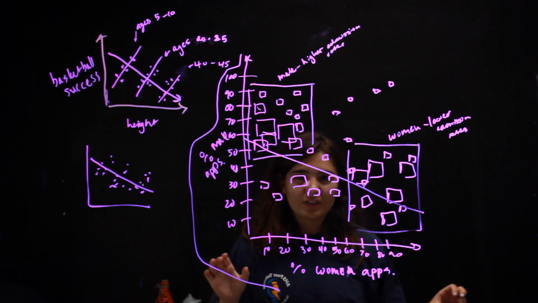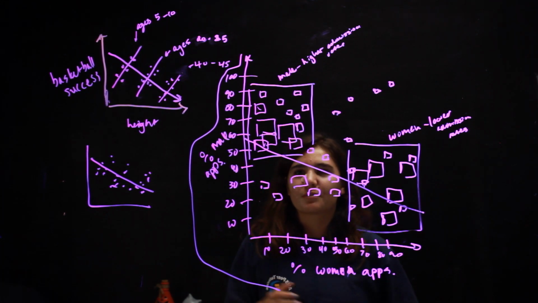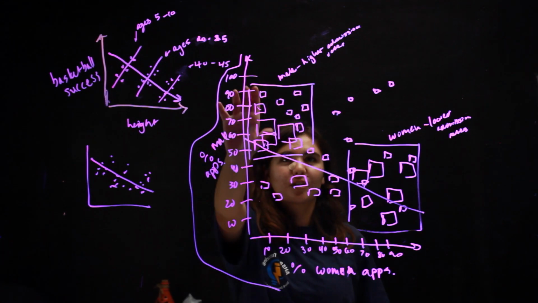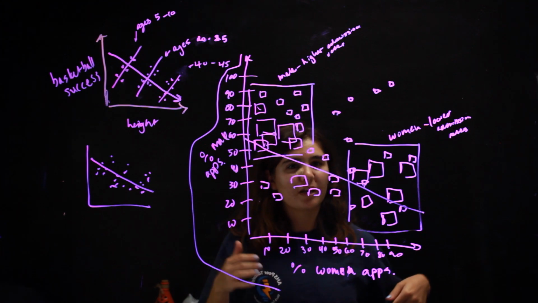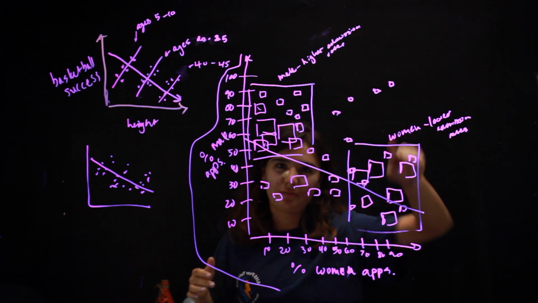And this kind of perfectly shows how that data came to be, right? If more males are admitted, it's because they're applying to departments that have higher admission rates. And fewer women are admitted because they're applying to departments that have lower admission rates.